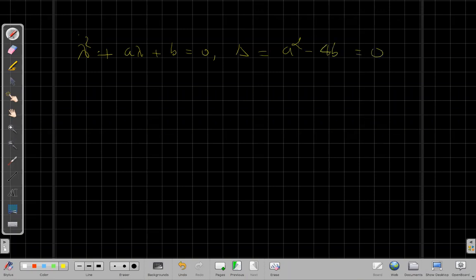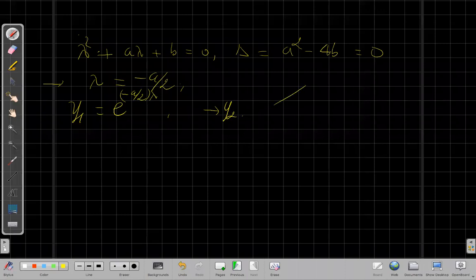In this case, delta equal to 0, that means we have a double real root, lambda equal to minus A over 2. In this case, we have y1 equal to e to the minus A over 2 x, and we have only one solution, and we have to find the second.